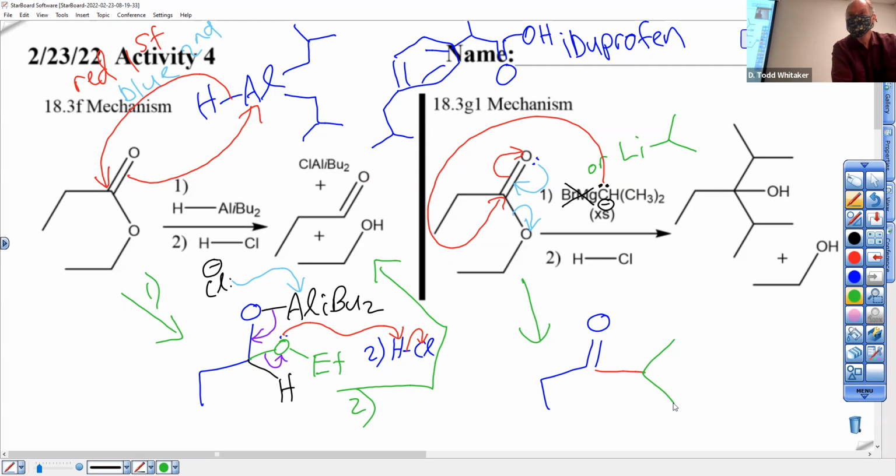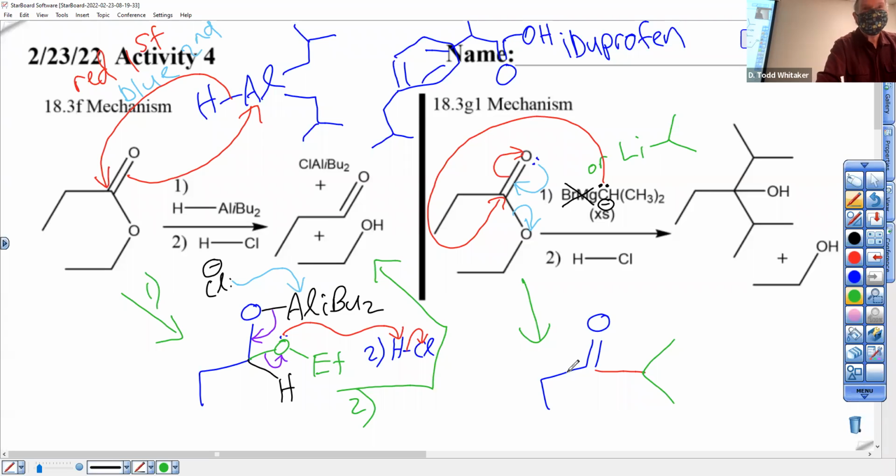Ketones are more reactive towards organolithiums and Grignards than esters are. So guess what happens next? Here's your two choices. Does the organolithium attack ester number 2, or does it attack the ketone that you just made? Ketones are more reactive.